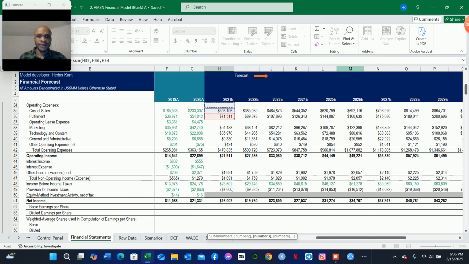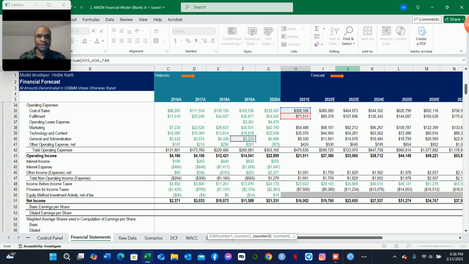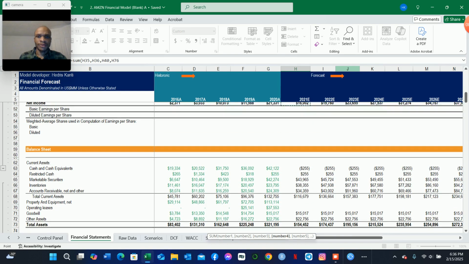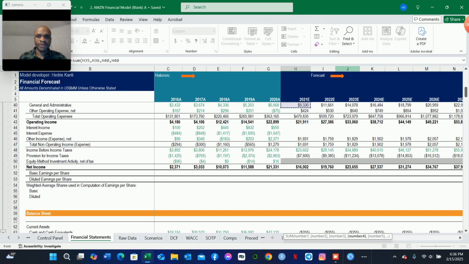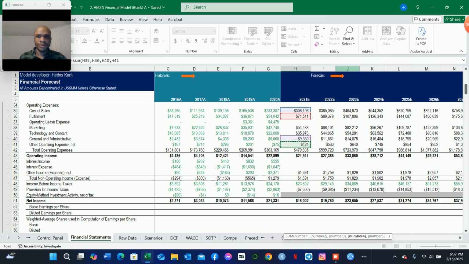We can also include general and administrative expenses, and other operating expenses as a result. So we believe that these are the items that Amazon will have payable terms on.